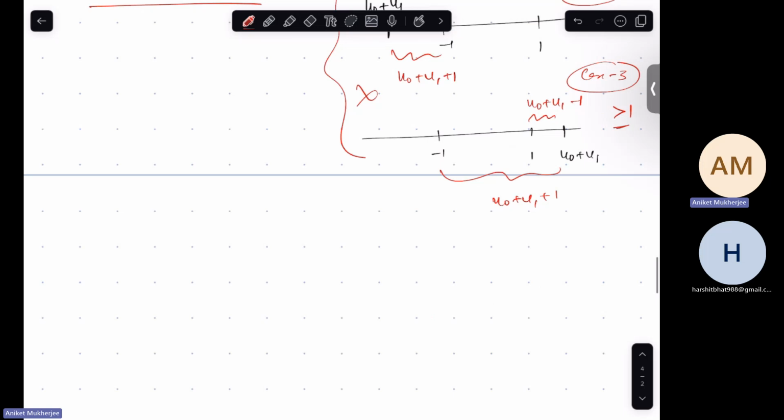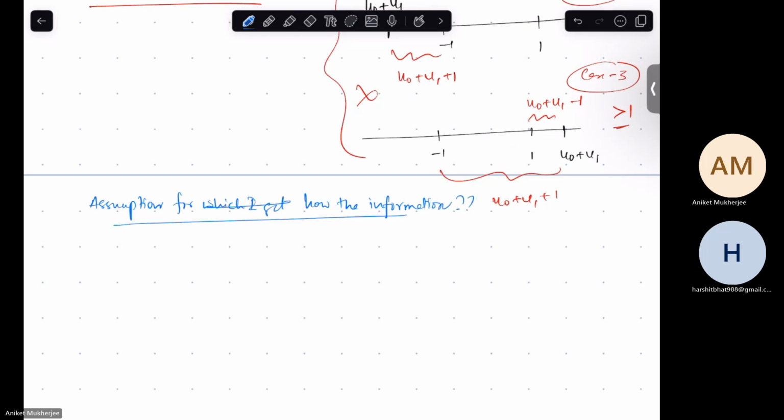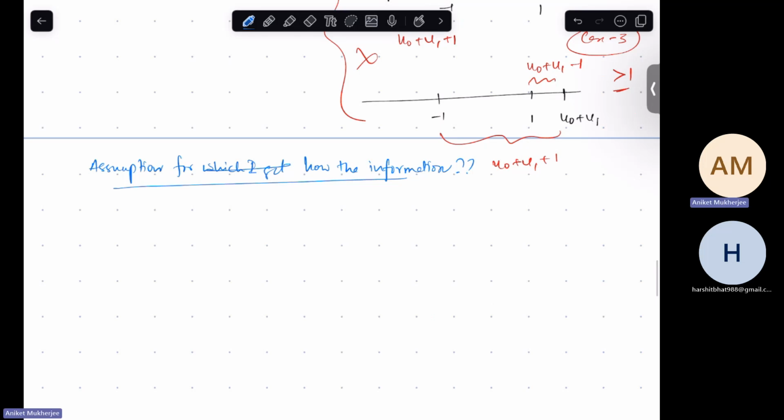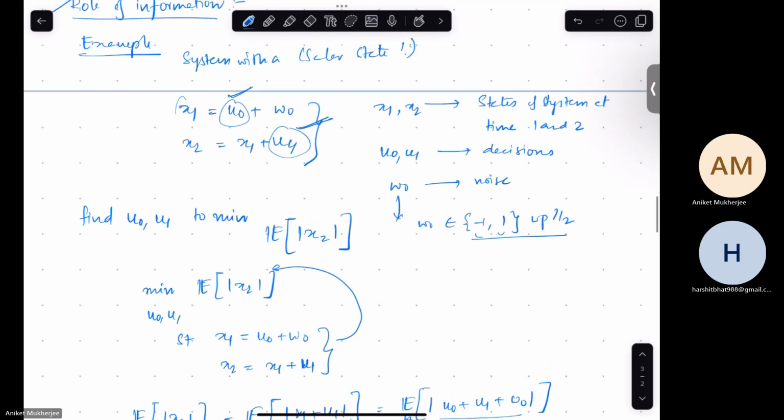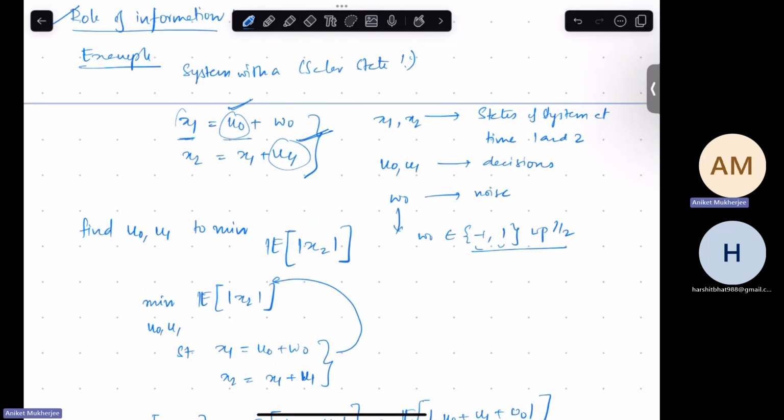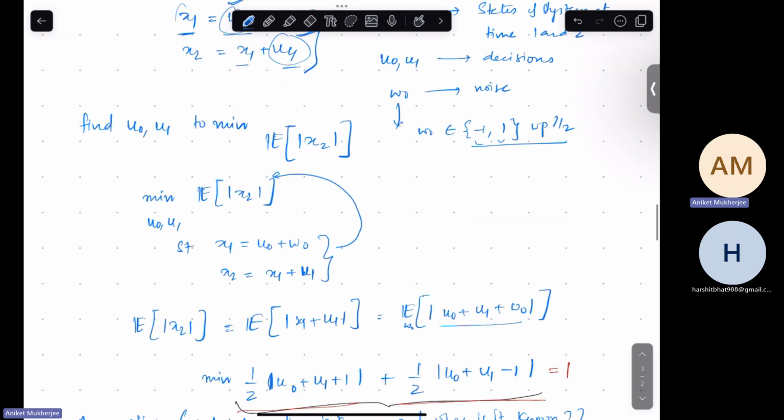Now, if I change the assumption for how I get the information, instead of deciding both u0 and u1 at the same time, what if I first get to decide what u0 is, and then I am able to see what x1 is, and then based on what x1 is, I get to choose what u1 is, right?